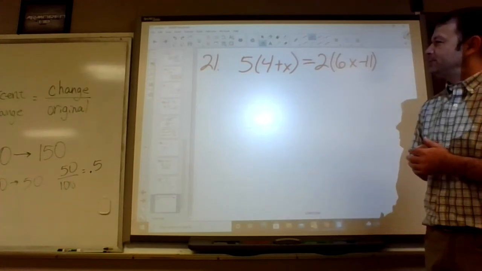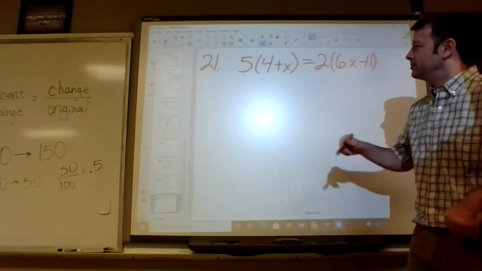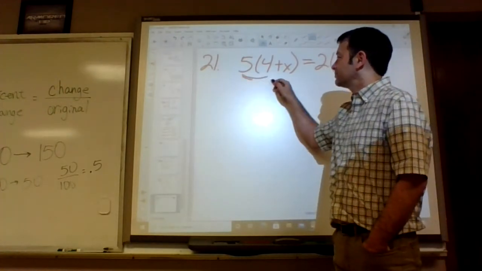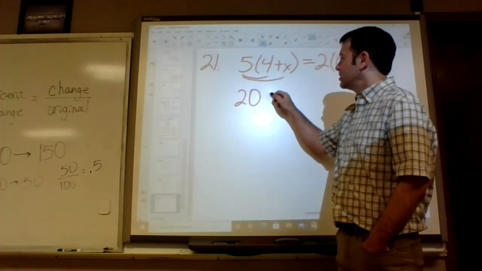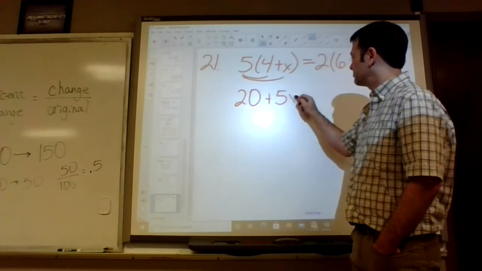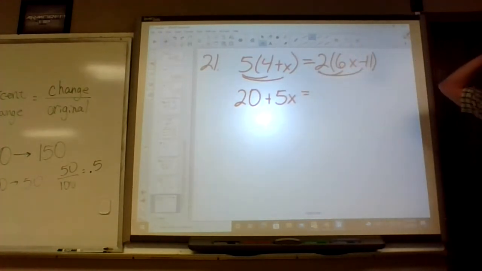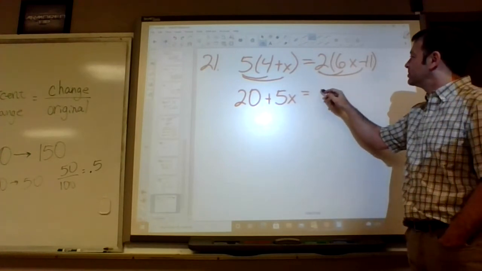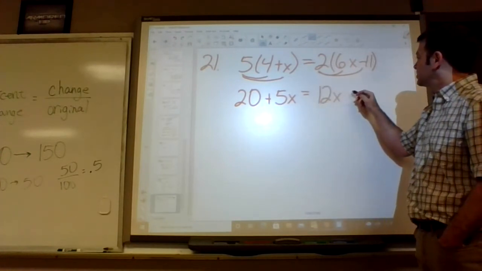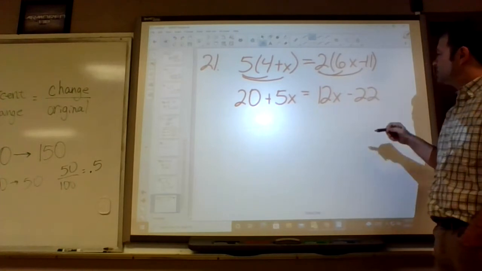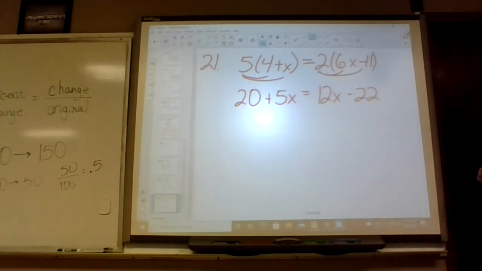Okay, what's our first step to solve this problem? Distributive property. And what's that side gonna be? 20 plus 12x minus 22. Got x's on both sides.